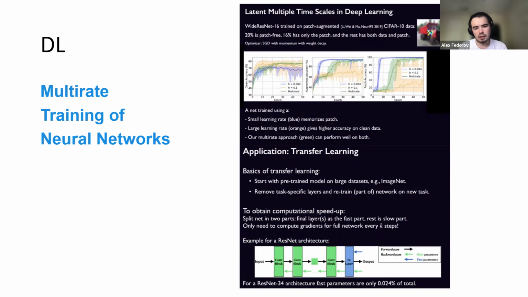And they say that the layers in a neural network can be slow or fast. For example, the last classification layer should be fast, but the layers inside should be slow. Basically each layer can have a different learning rate, and this way you can improve the performance of your model. You can also improve your transfer learning performance by using different learning rates for your layers.